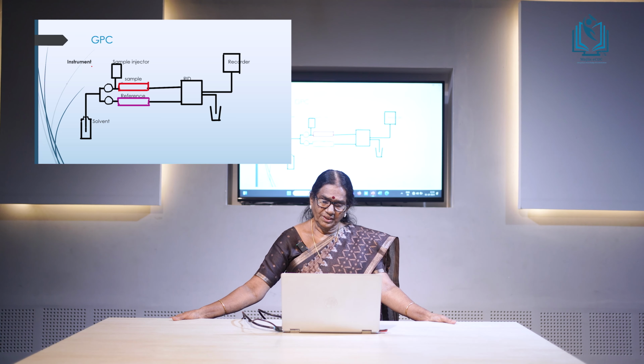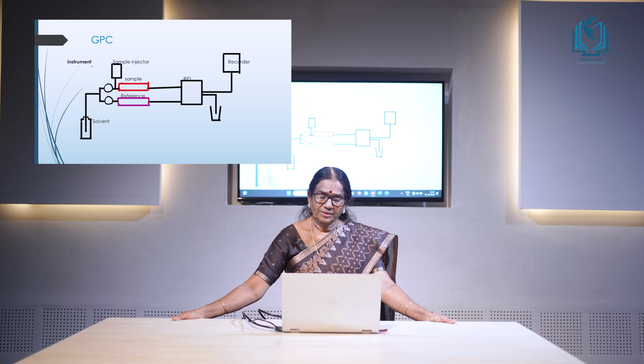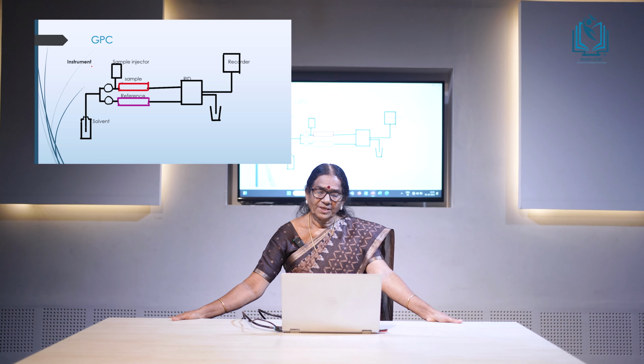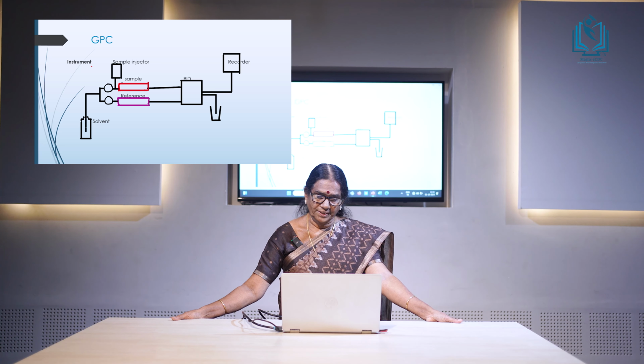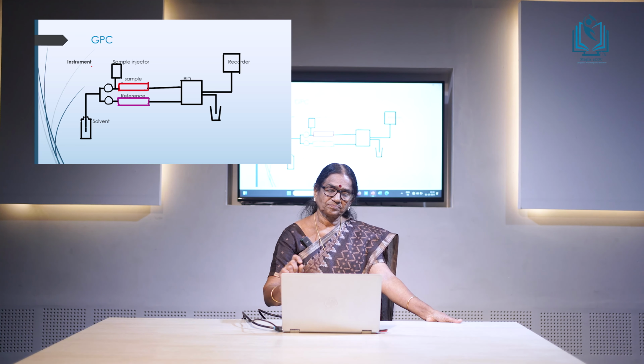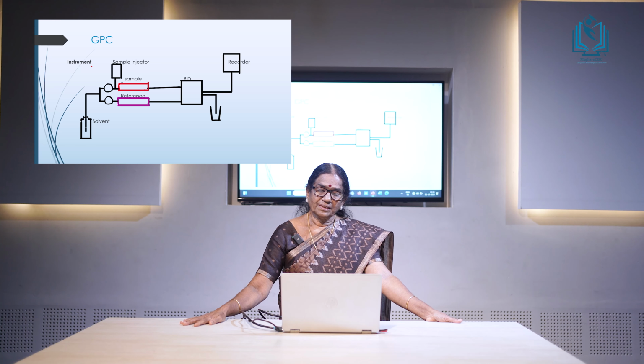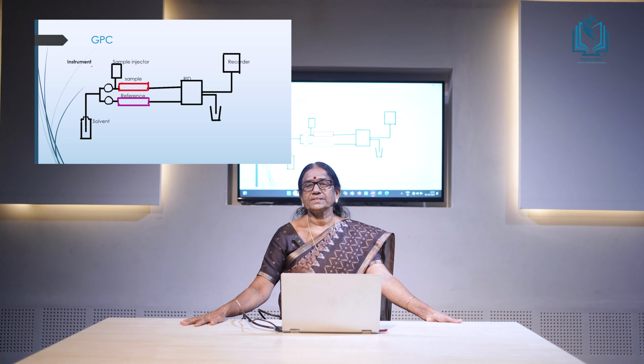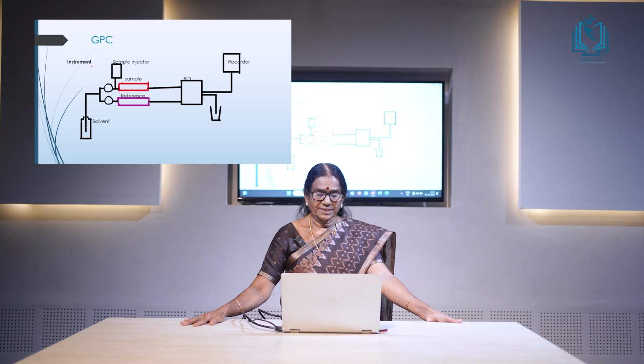Before collecting them, the solutions pass through a differential refractometer. The refractive index detector is shown there, and here we get the difference in the refractive index between the sample and the reference, and that gives the concentration of the polymer solution we have eluted.